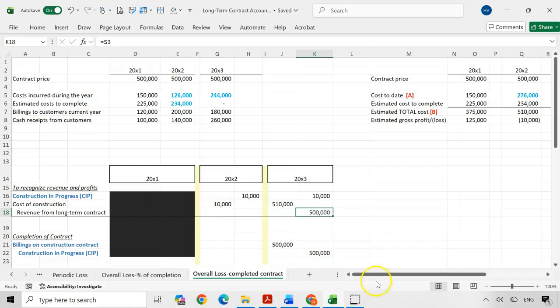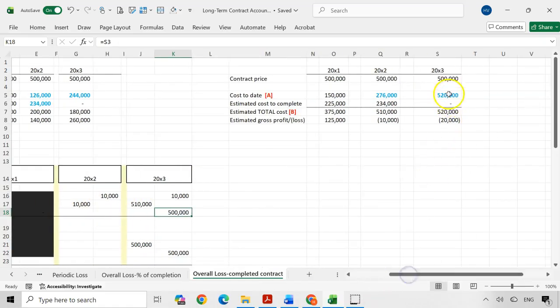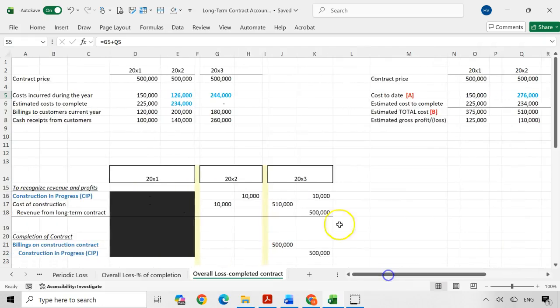And for this project, the overall cost is $520,000. We've already recognized $10,000 of cost in year 2, and so to recognize a total of $520,000, we're going to record $510,000 of cost of construction in year 3. So when I add up the year 2 plus the year 3 cost of construction, it equals $520,000.